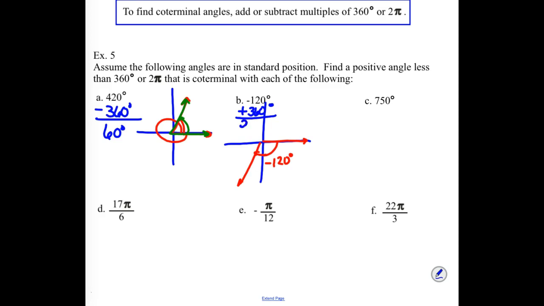I get 240. That is a positive angle, right? Less than a full circle. So what we've really done is we've said, let's go from here to there in a positive direction. It's still a coterminal angle. I'm still landing in the same exact spot. I just have a different rotation to get there.